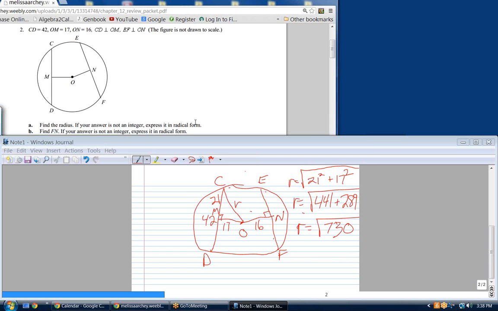Is it divisible by 4? I don't think so, no. A number is only divisible by 4 if its last 2 digits are divisible by 4. Okay. What's the next perfect square? 9? Right.